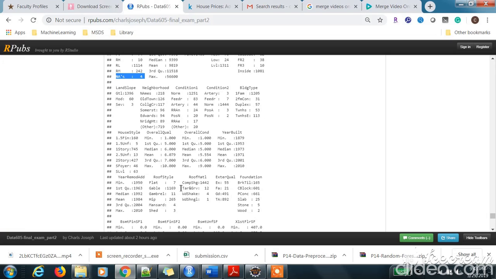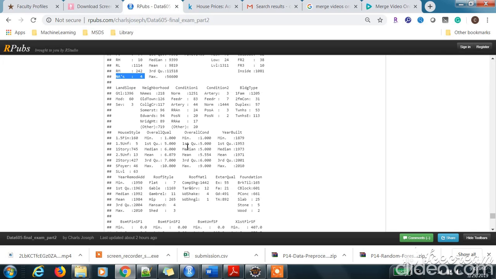It is easy to fix quantitative missing values by imputing the mean of that particular independent variable. But for categorical variables, it's really difficult to do the imputing process.